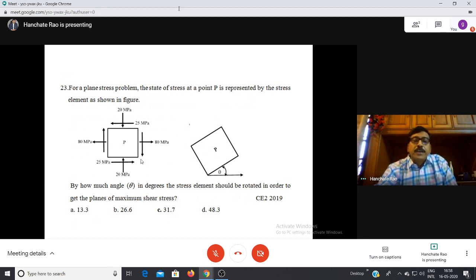If it is acting upwards, we take it as a positive shear stress. What you have to remember is, if it provides a clockwise moment, then it is a negative shear stress. If it creates an anti-clockwise moment, then the shear is positive.